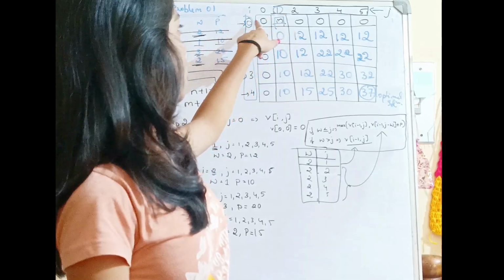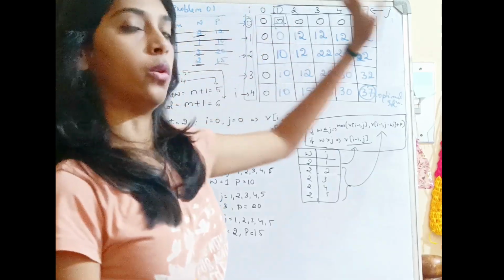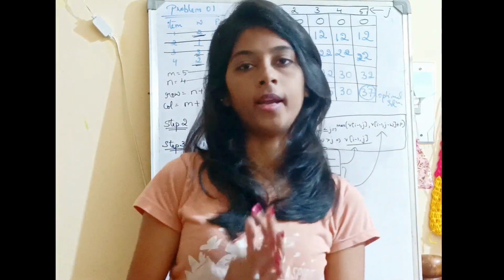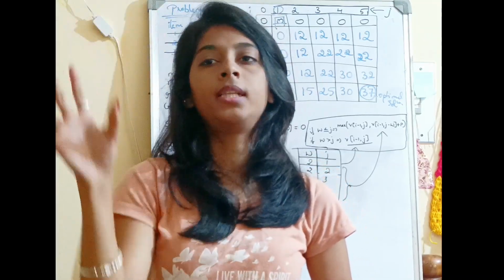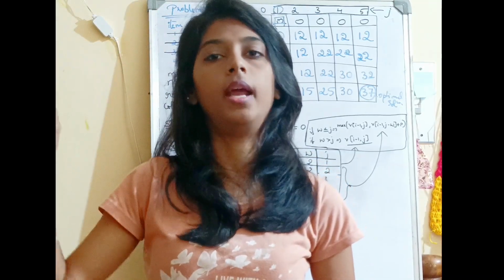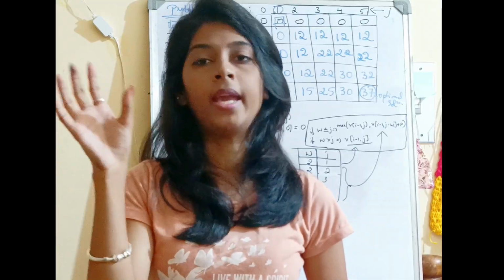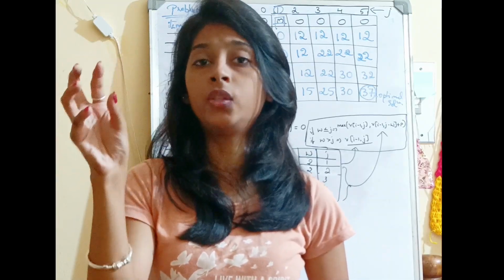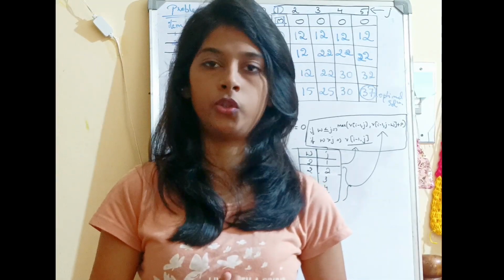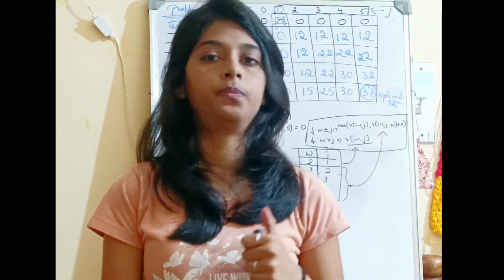Okay, so this is 0th row, this is first column, which value you have? 0. So like that, you have to find out the v of i comma j answers. Okay, after solving the complete table, the last corner end block will be having some value, right? So that value is known as the optimal solution of the given problem, the knapsack problem.